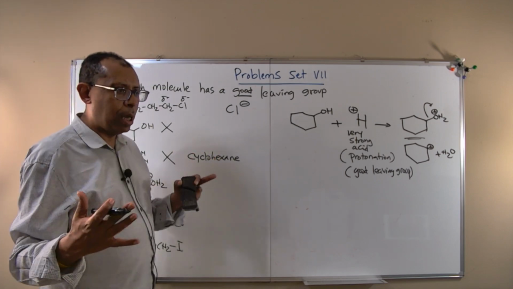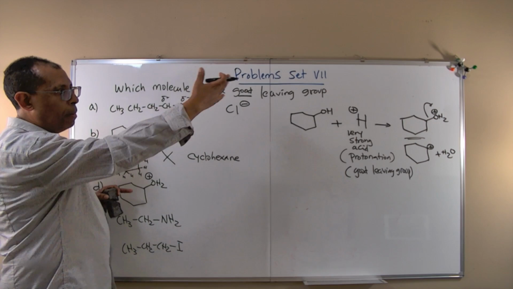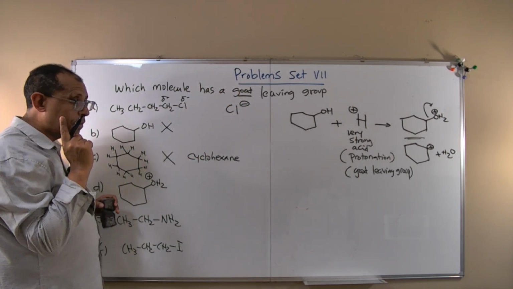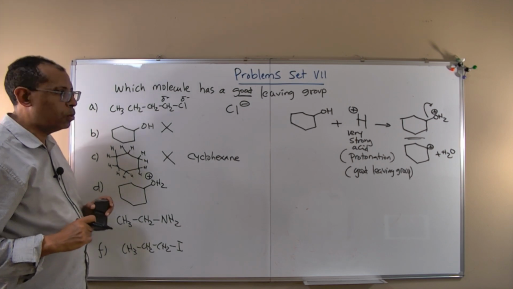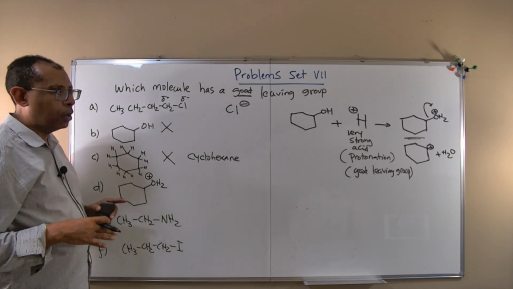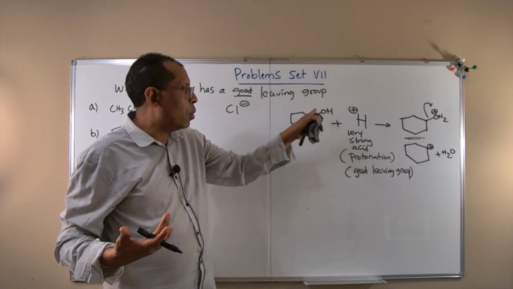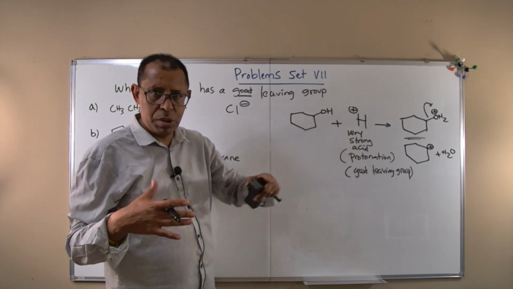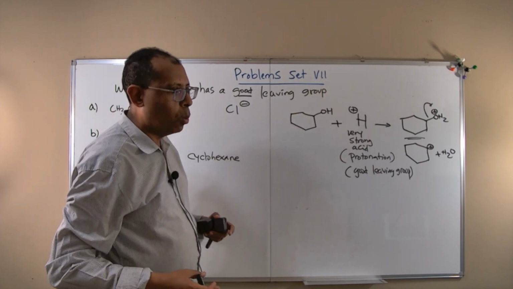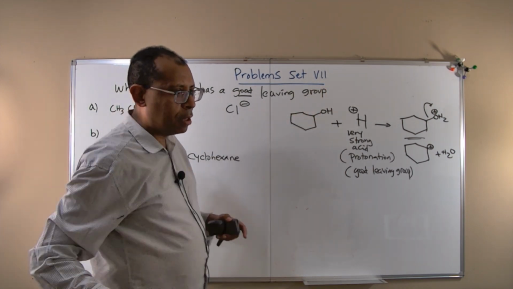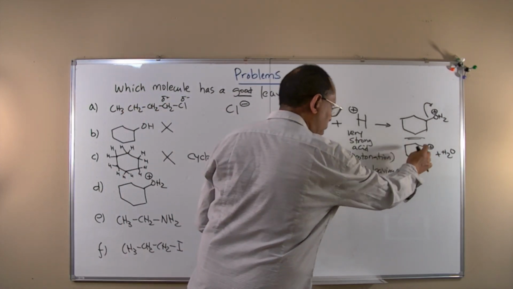So if somebody asks you to substitute this with some kind of nucleophile, the first thing you should remember is that OH should first be converted into a good leaving group. A good leaving group can be obtained by reacting it with a very strong protonating agent, a strong acid, that would make it into a water molecule that leaves as a very stable leaving group by forming a carbocation.